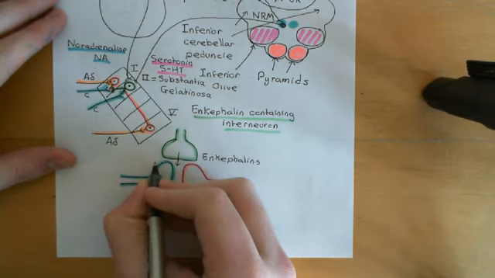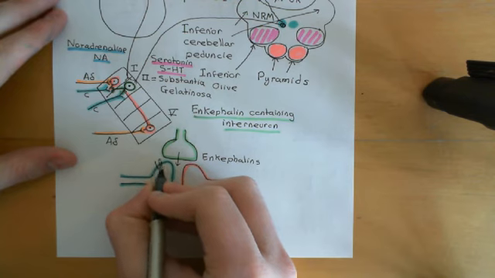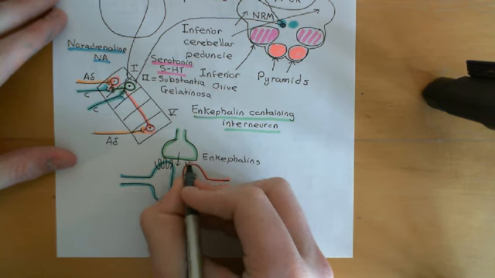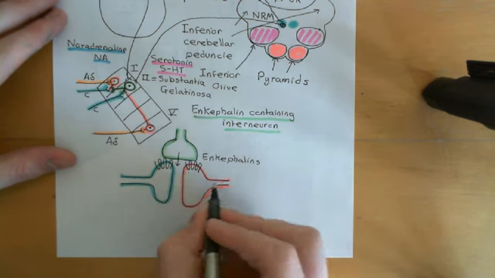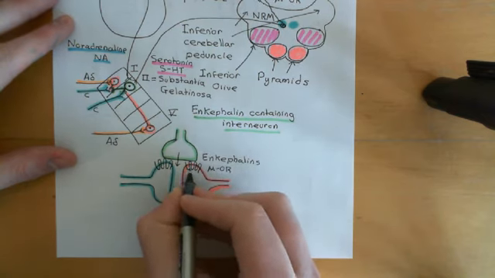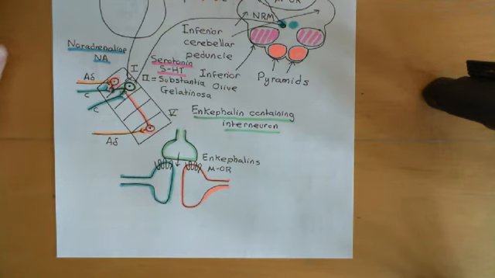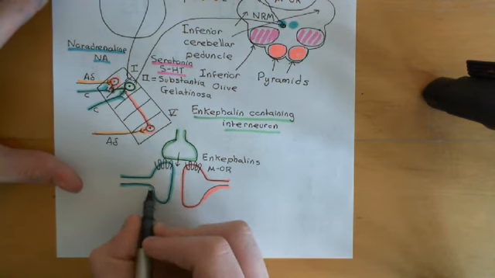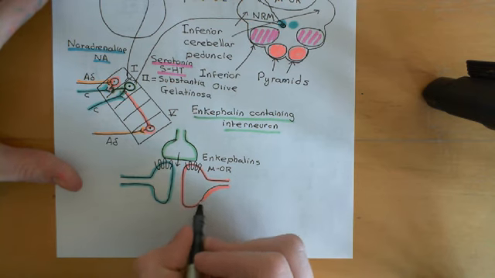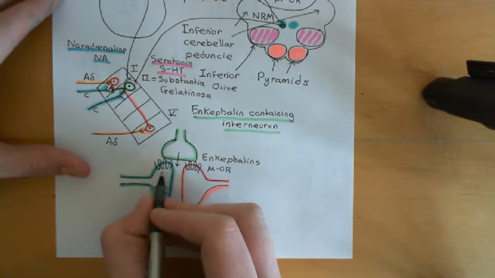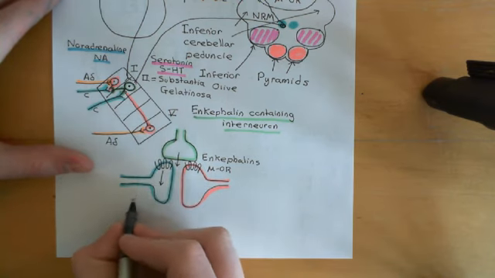Both the presynaptic neuron, which is the axon terminal of the primary nociceptive neuron, and the postsynaptic neuron, which is the dendritic spine of the spinothalamic projection neuron, have mu-opioid receptors, drawn here as these 7 membrane-spanning alpha helix structures. When the enkephalins activate these mu-opioid receptors, it has effects on the presynaptic axon terminal and the postsynaptic dendritic spine. The effect on the presynaptic axon terminal is to cause less neurotransmitter to be released.